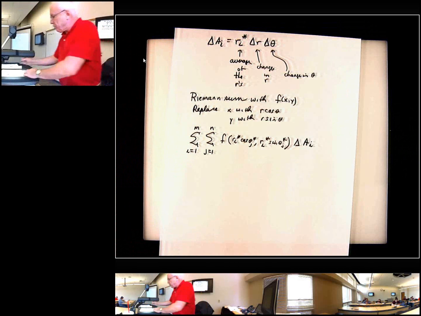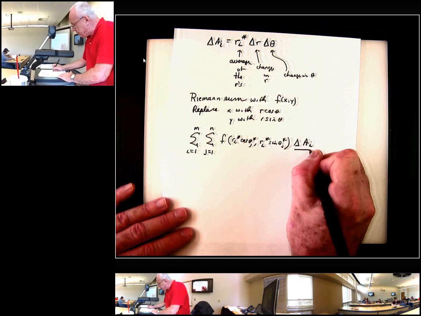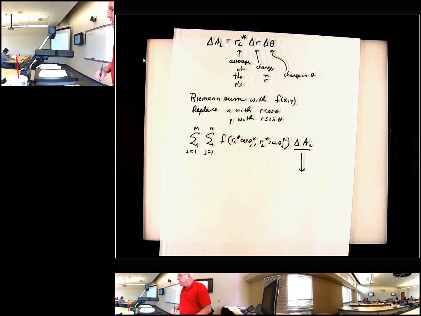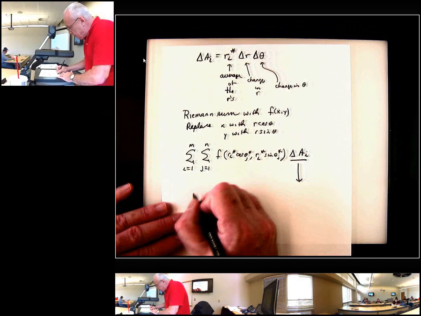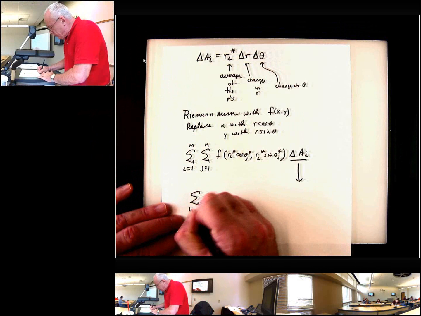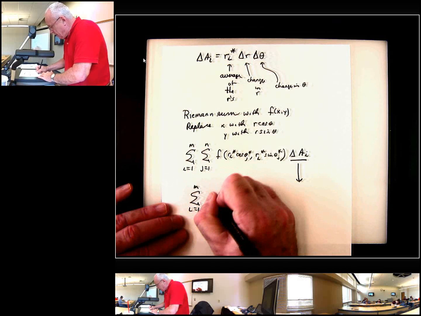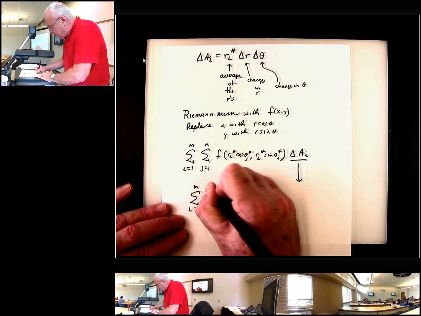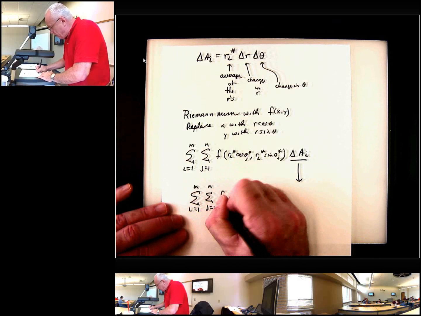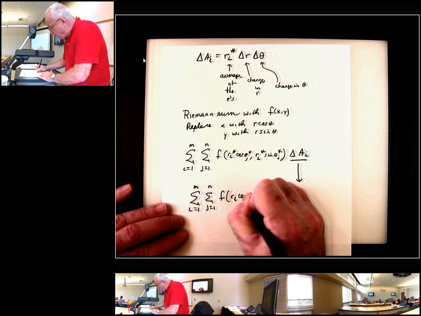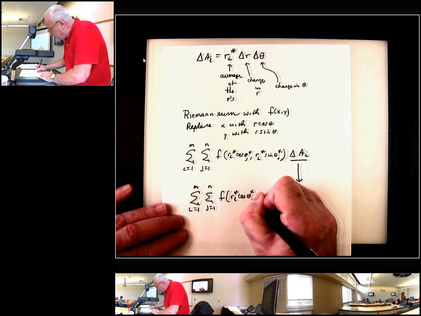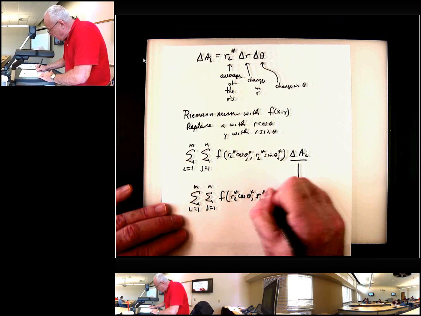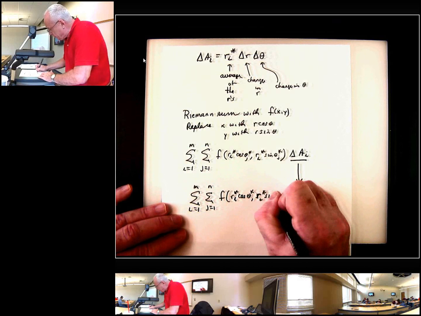And now what I'm going to do next is replace the delta A, the change in the area, with this formula up here. So we now have a double summation, i equals 1 to m, j equals 1 to n, of our function evaluated at the center points there, r_i star cosine theta_j star, r_i star sine theta_j star.